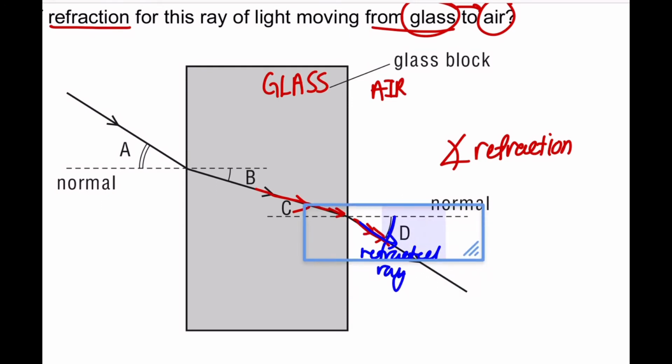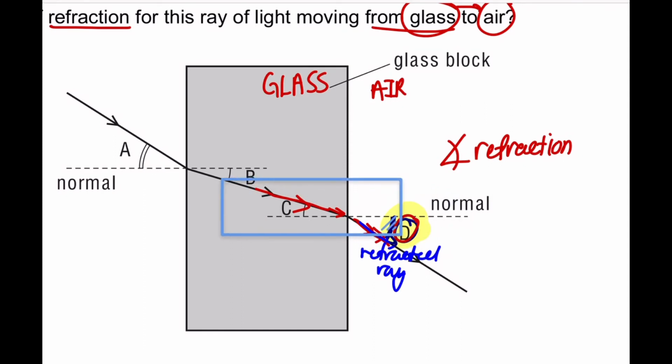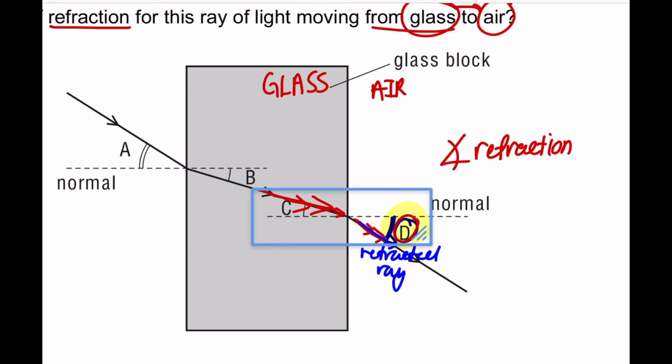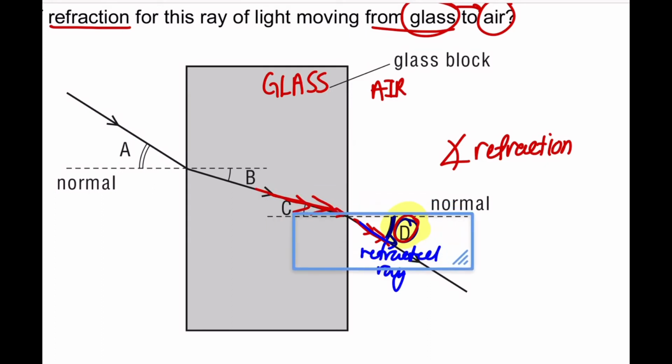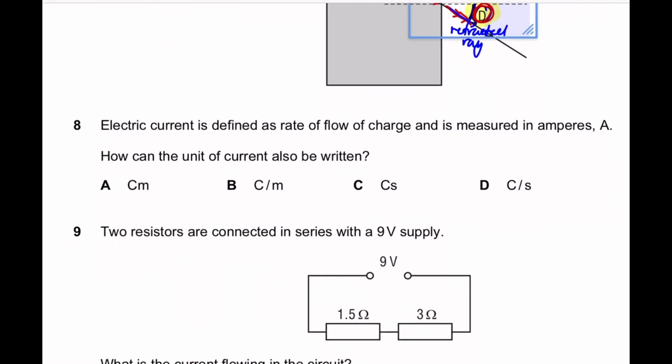Therefore, D is the answer, as this is an incoming ray that is going outwards to the air. So the one refracted is the D. Yeah, this is more of a factual question about whether you can read the diagram or not. That's my honest opinion. Okay, next, on to question 8.